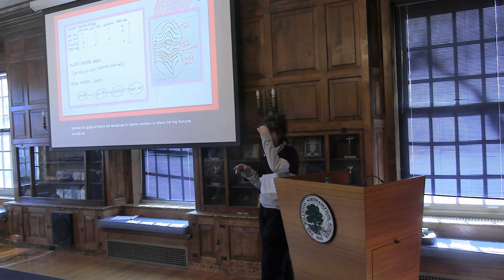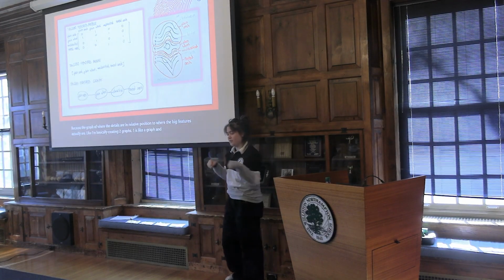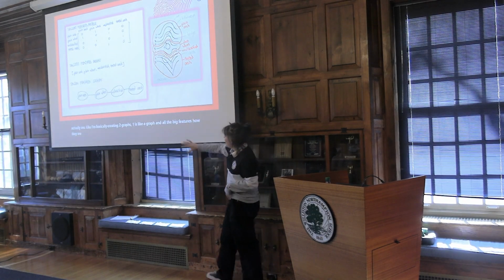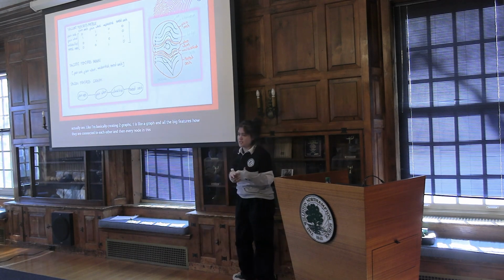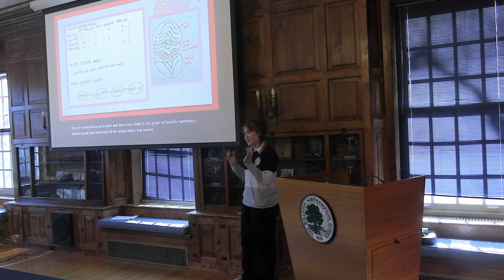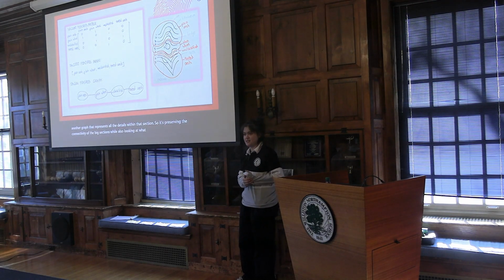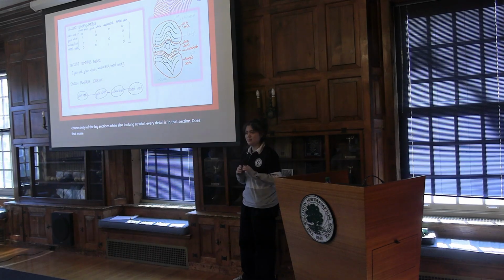I'm basically creating two graphs. One is the graph of all the big features, how they are connected to each other, and then every node in this graph technically represents another graph that represents all the details within that section. So it's preserving the connectivity of the big sections while also looking at what every detail is in that section. Does that make sense? A little bit? Yep.